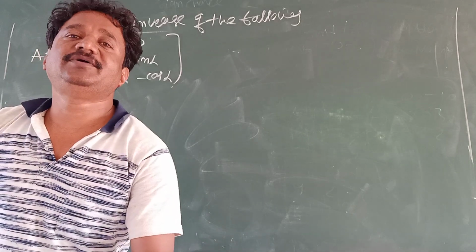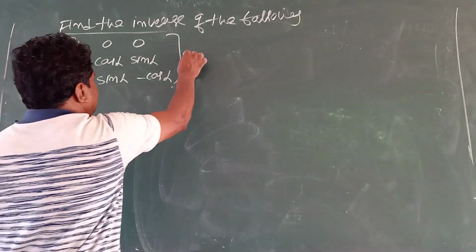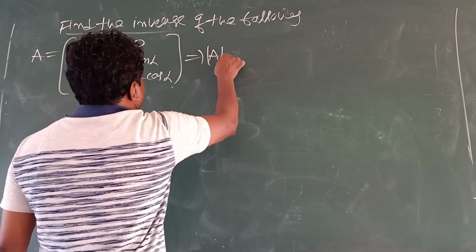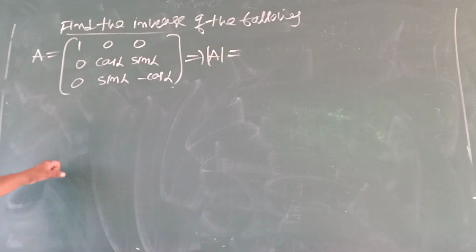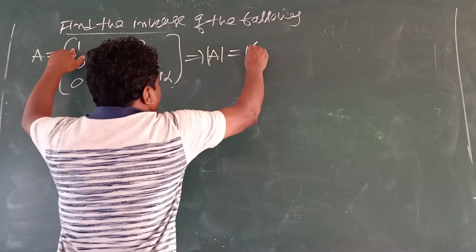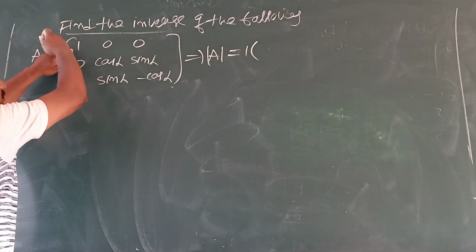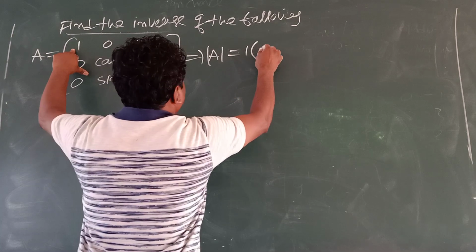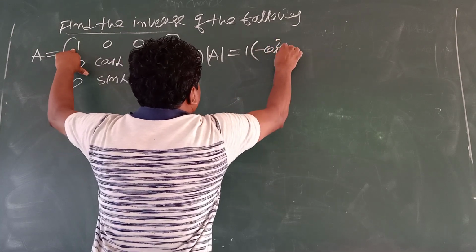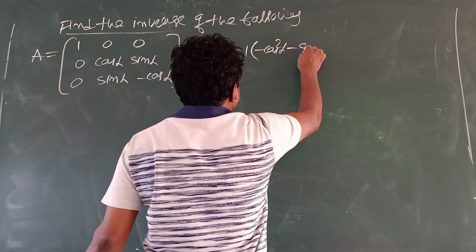First you find out det A. First you find out determinant A. So 1 into plus minus plus row column minus cos square alpha minus sin square alpha.